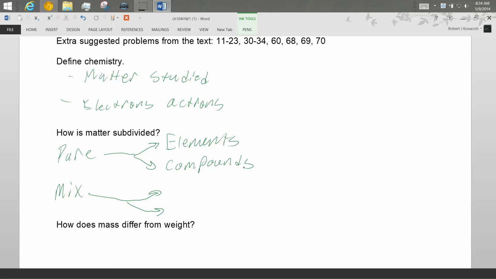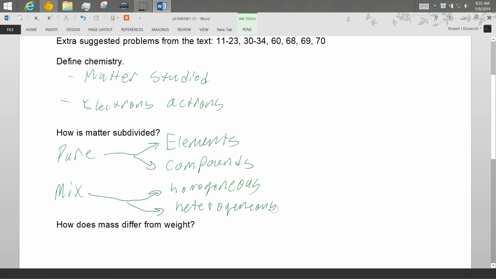So what kind of mixture would that be? Liquids. No? It's a homogeneous mixture. A mixture that looks the same all the way through. So your options for mixtures are homogeneous. And then what's the other one? Heterogeneous.